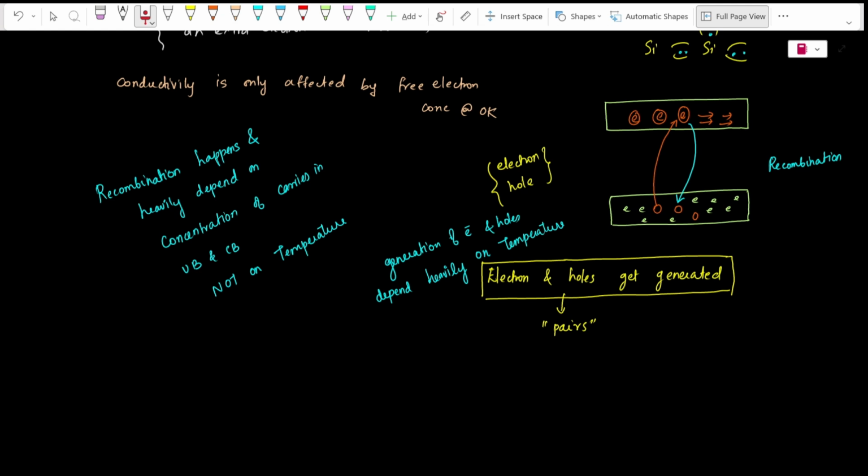There is definitely a concentration difference, or rather, a concentration ratio between the valence band and conduction band, and depending on that, there is recombination. So both these processes, electron hole pair generation and recombination, happen at the same time.